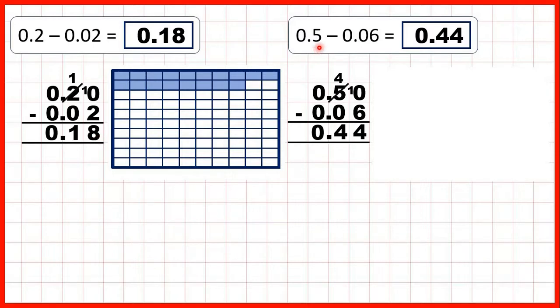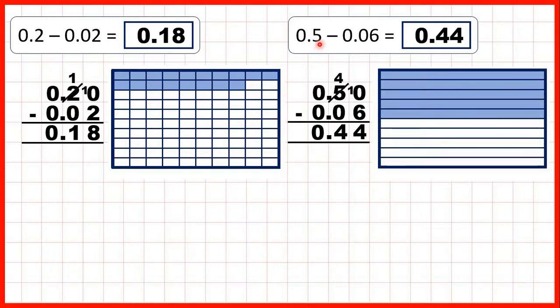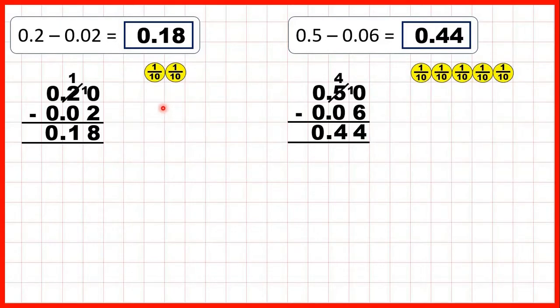And for this question, we started with 0.5, so that's 5/10. But 5/10 is the same as 50/100ths, so when we take away 6/100ths, that leaves us with 44/100ths, or 0.44 as our answer. We can also show the subtraction using place value counters.